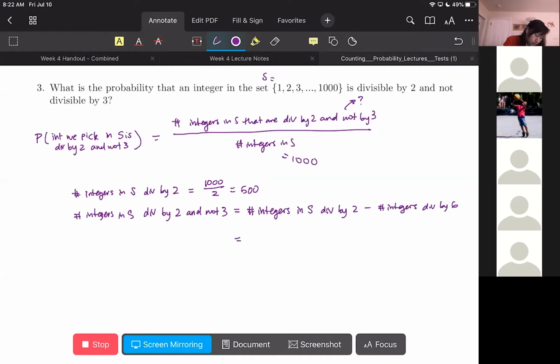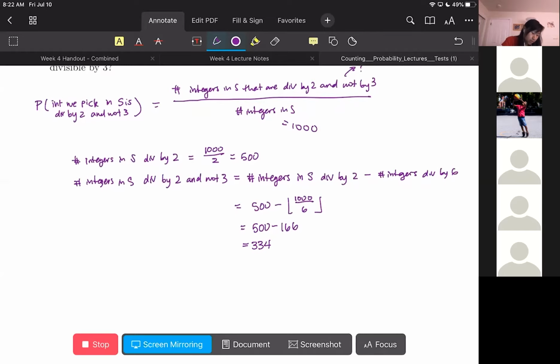And so this is 500, and then this is, we round down once we divide 1,000 by 6, which is 500 minus, I think this is 166. So this gives us 334. So then if we go back to this, we can plug this in and we get 334 over 1,000, which we simplify to 167 over 500.